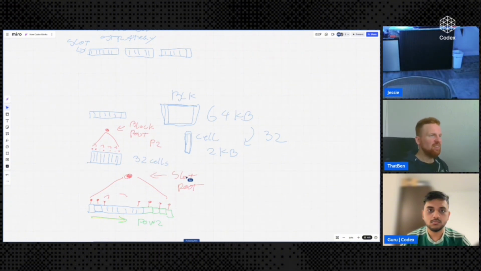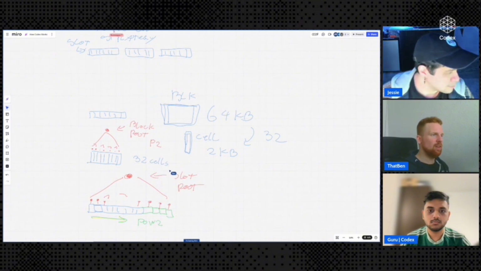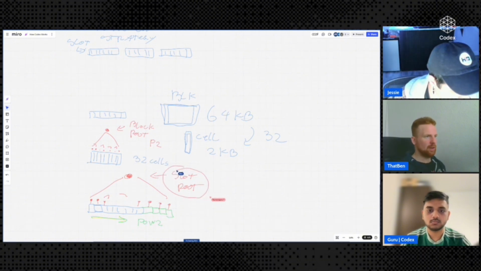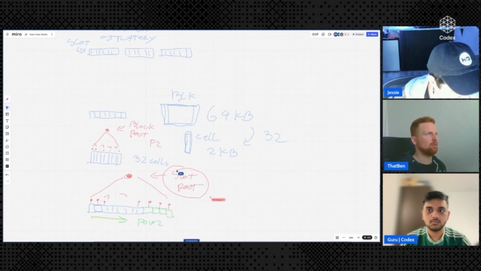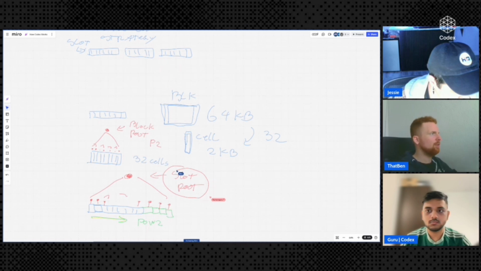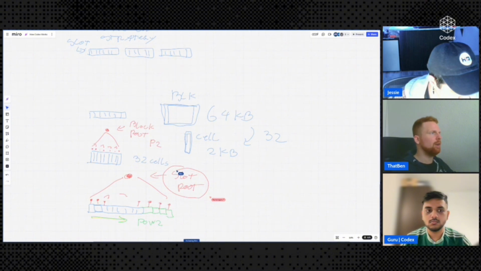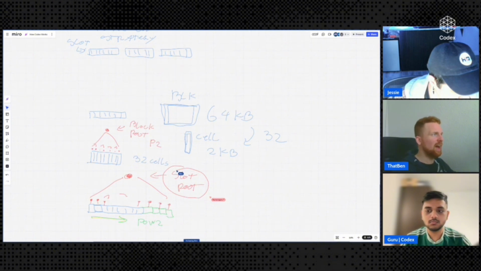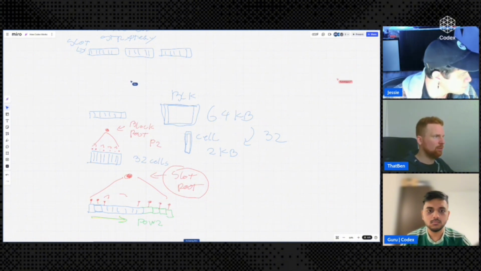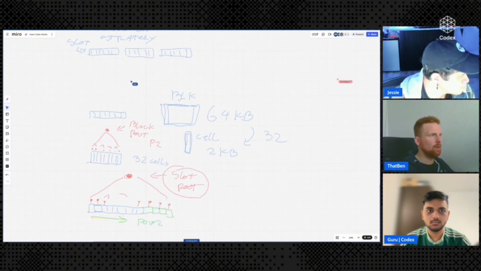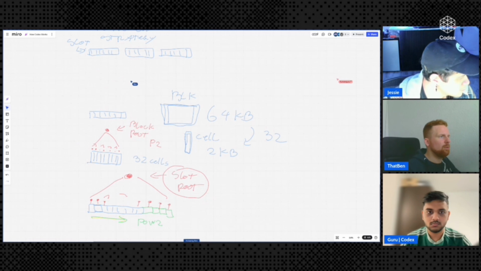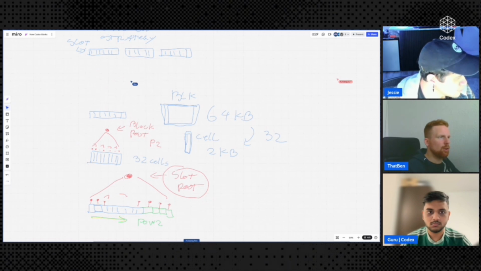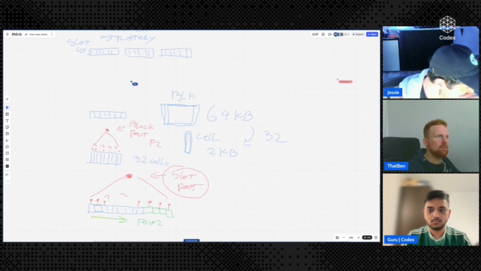So this is how you generate the slot root for a bunch of blocks, like a slot set of blocks. If we go back to the picture up here a little, remember I said we had three slots right here, and for each of these we have a slot root like this.